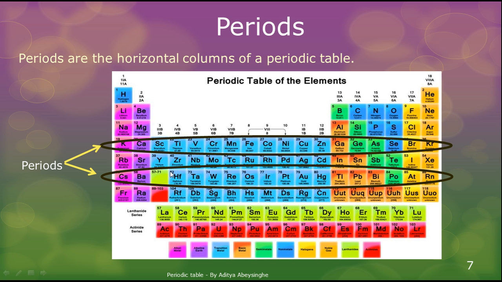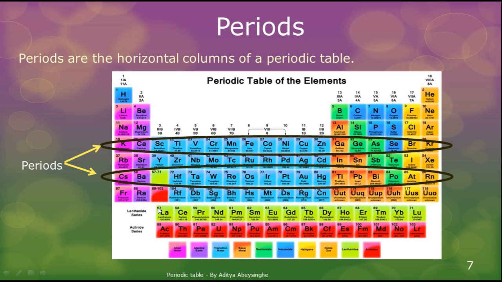Now, don't consider this to be a period, although these are also horizontal rows. You may assume that this is also a horizontal row, so you should consider it a period. But this range from 57 to 71 is diverged like this. This is another classification, which I'll explain in the second part of this video.